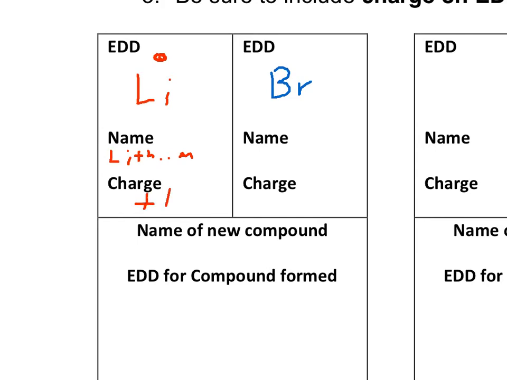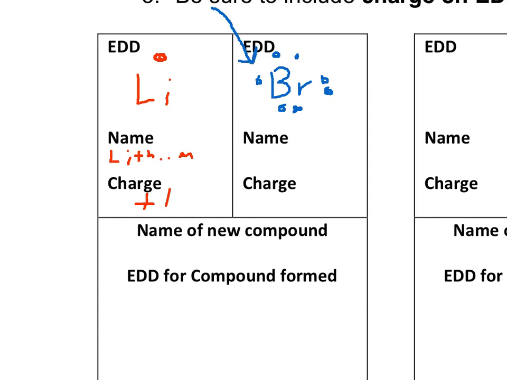Alright, let's try the same thing for bromine here. Electron dot diagram. It's in row 7. It's going to have 7 outer electrons. 1, 2, 3, 4, 5, 6, 7. And I'm going to leave the unpaired one over to the left side here, and you'll probably see why in a minute.